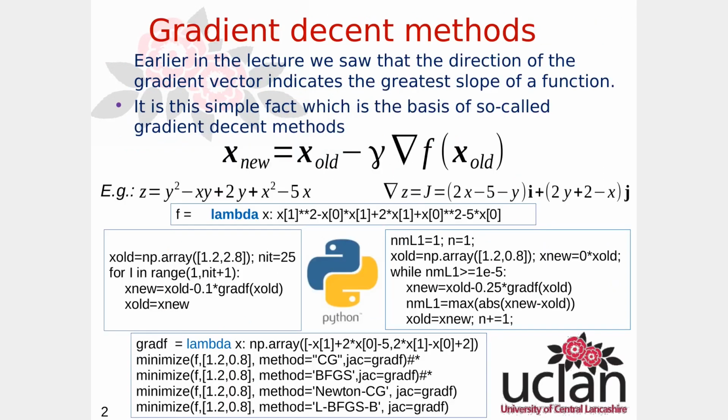So earlier in this lecture we saw that the direction of the gradient vector indicates the greatest slope of the function, and moreover that its magnitude is the value of that greatest slope. So if one would like to find a minimum, going in the opposite direction would be a salient way to try and find it, and using an algorithm which computes that each time is the basis of the so-called gradient descent methods.